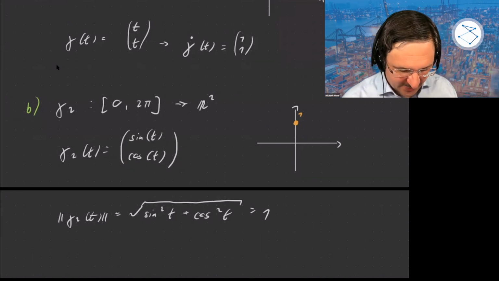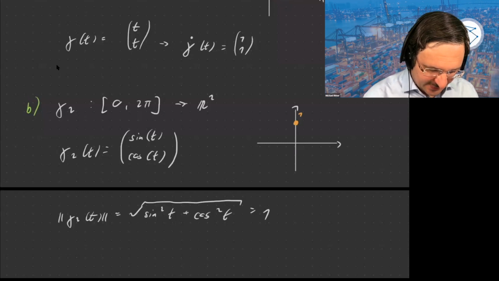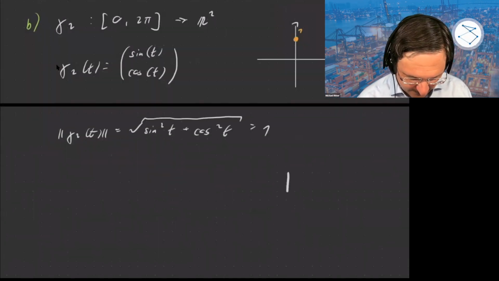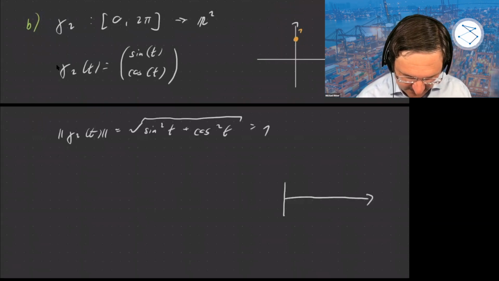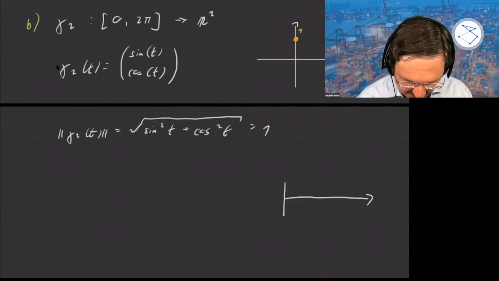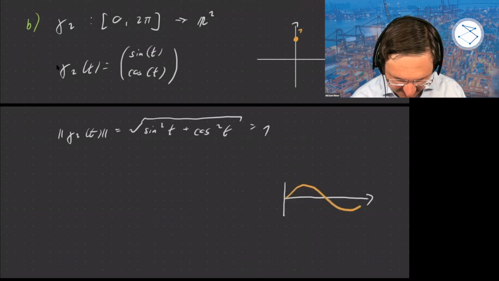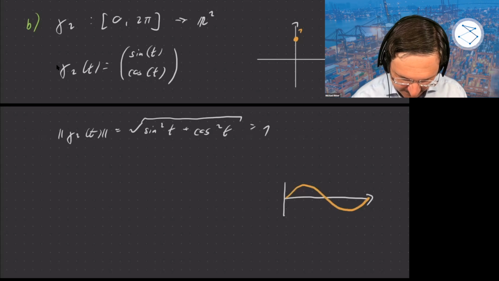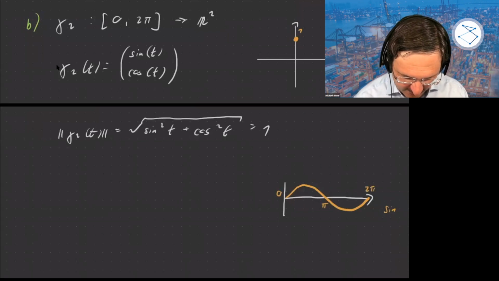And in this case, what happens is if t increases, then the sine will also increase. Let's have a look at the sine function. Basically, the sine function looks somewhat like this. Right, here's 0, here's pi, here's 2 pi.